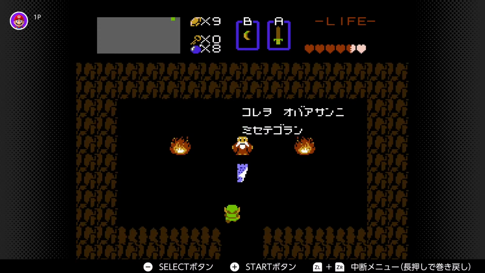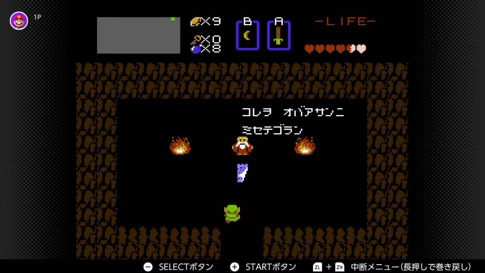Oba-san is the word for grandmother, but also to address an old woman in general that we don't know the name of, when we don't know her name.